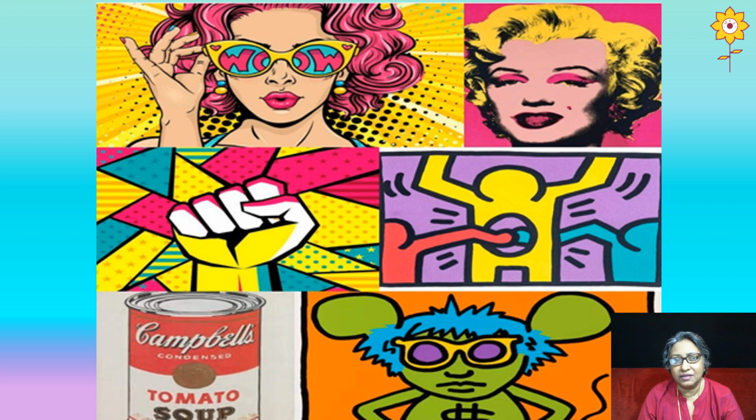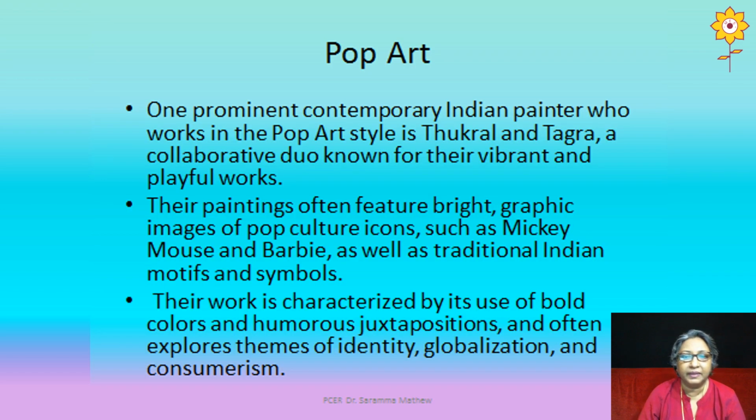Earlier it was known as popular art, or bright pictures, but later on it was termed as pop art. And actually it was a reaction against expressionism and abstract expressionism and things like that, where people wanted to create something new.